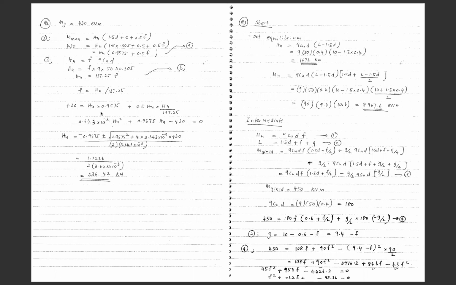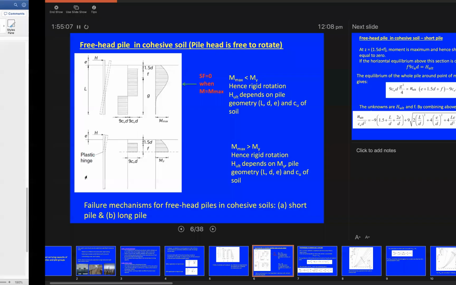And that's what we have done here. We substitute the value of F from equation number B back into equation number A, and we solve for the HU value, and that will give us 236.42 kilonewton.